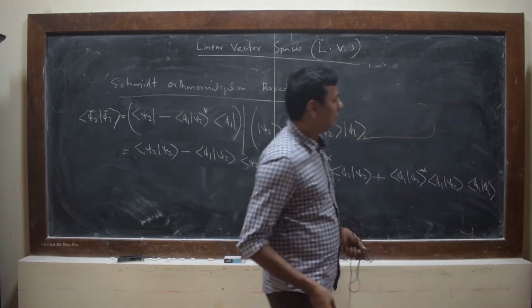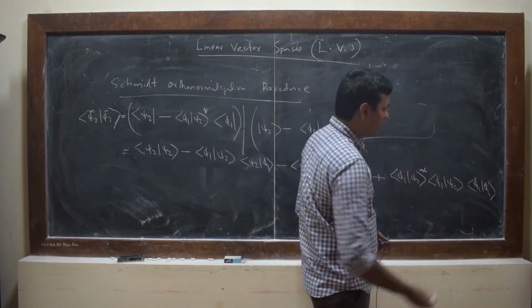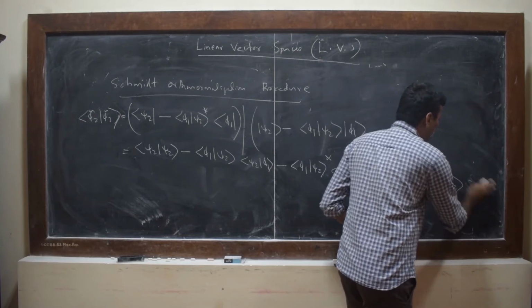But you know that phi 1 is already a normalized vector, so phi 1 phi 1 is actually 1. Okay.